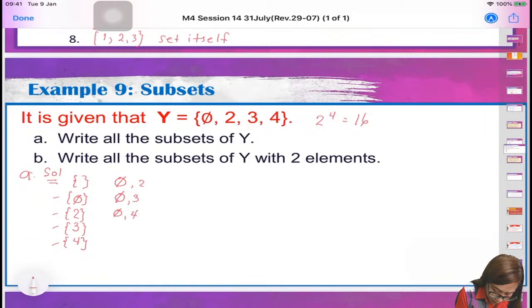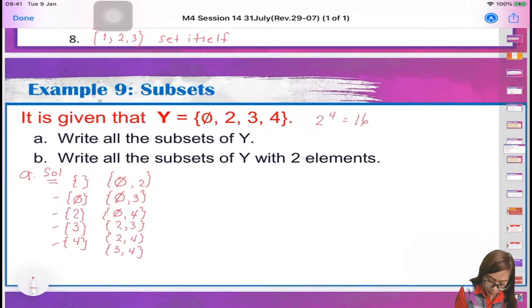Next is 2, 3, 4. Next is 2, comma 3, 2, comma 4, and 3, comma 4. And then put them inside the braces, open and close, open and close.